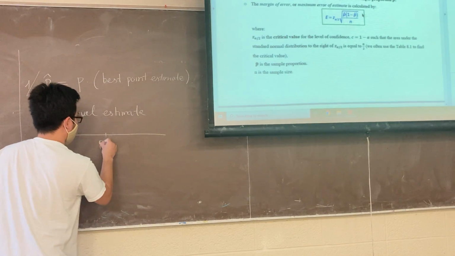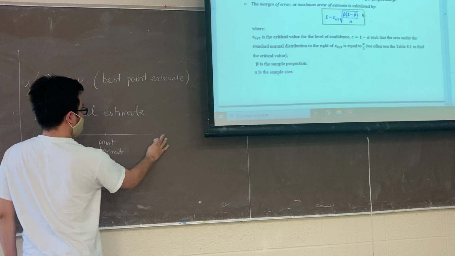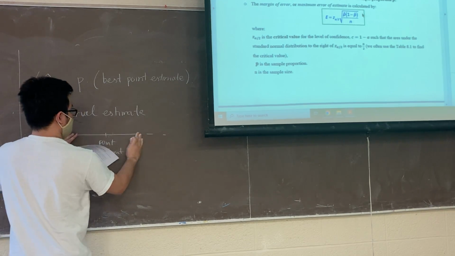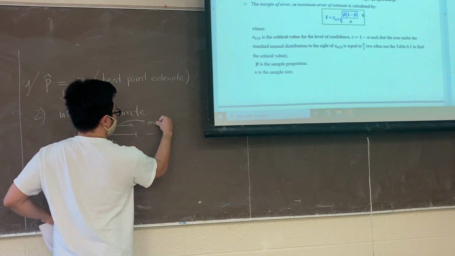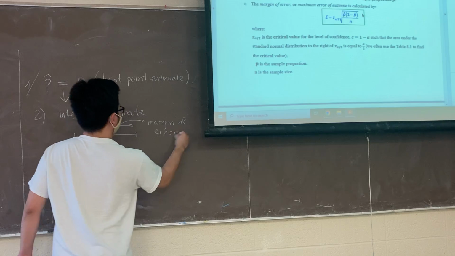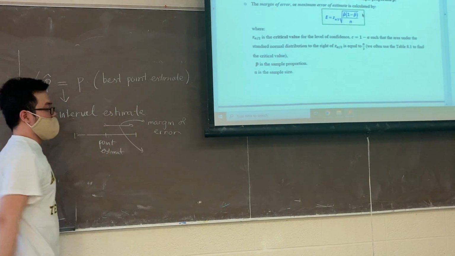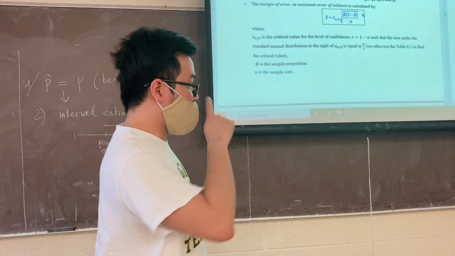This is the point estimate, and you want this distance to be small. That's the margin of error. If you know the margin of error, you can get the estimate interval.